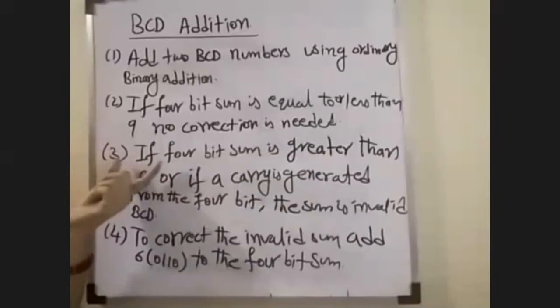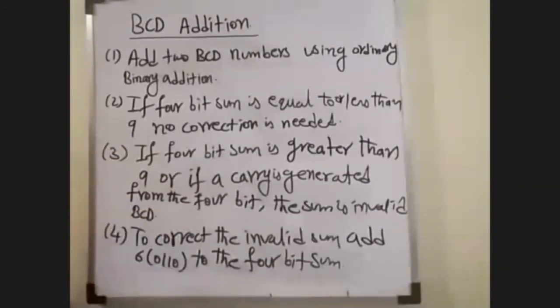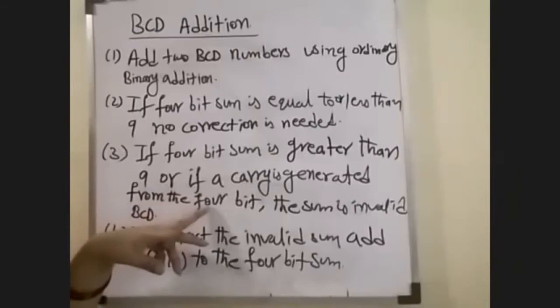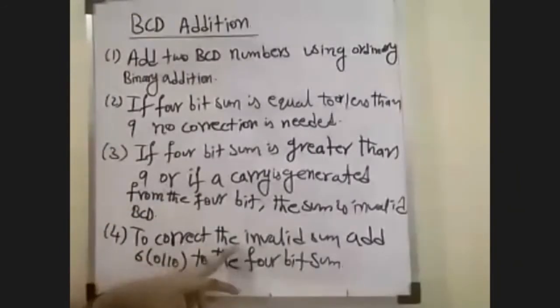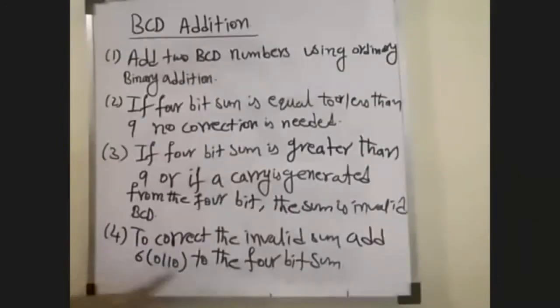Otherwise, if the 4-bit sum is greater than 9, or if a carry is generated from the 4-bit sum, the sum is invalid BCD. If you get an invalid BCD, you can correct that value. To correct the invalid sum, add +6, that is 0110, to the 4-bit sum. Then you will get the correct BCD.